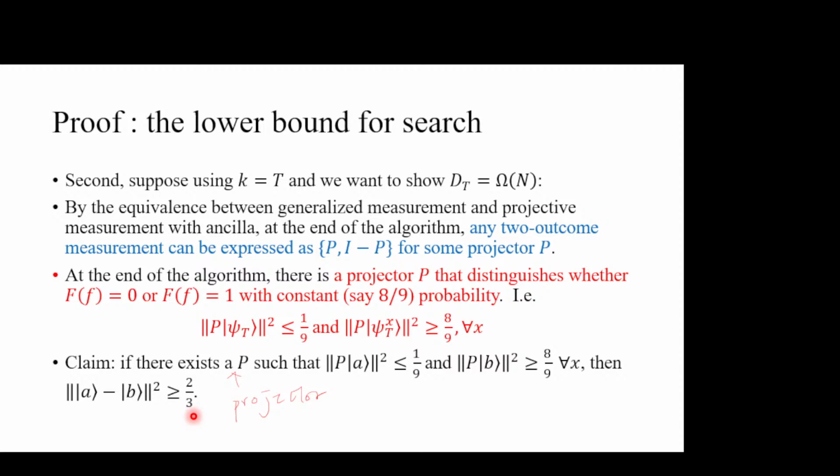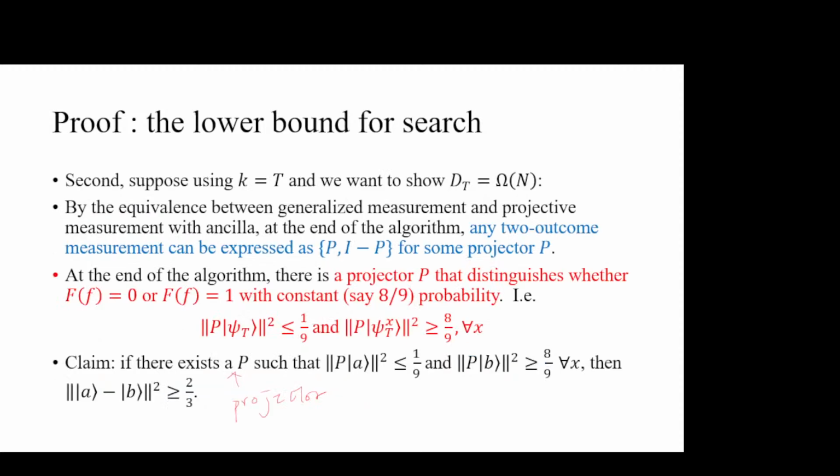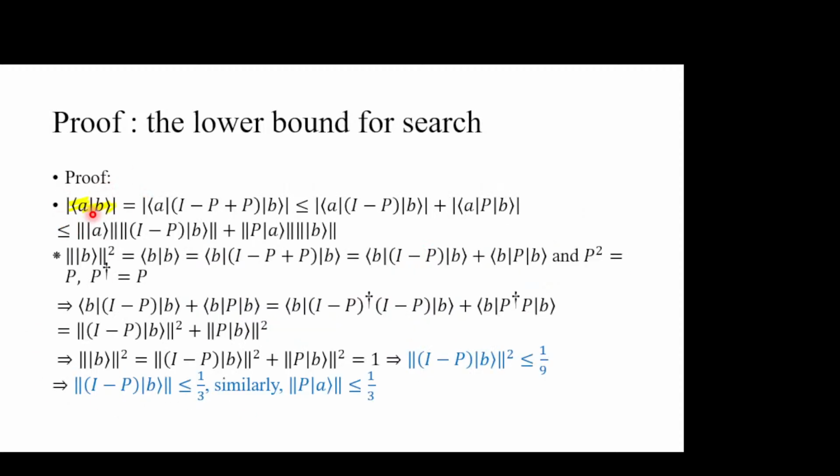Okay, let's see how this goes. The thing we actually want to bound, the more natural thing to bound, is the inner product between the two states. We are trying to say that the distance between two states is pretty big, and that means that the inner product is pretty small.